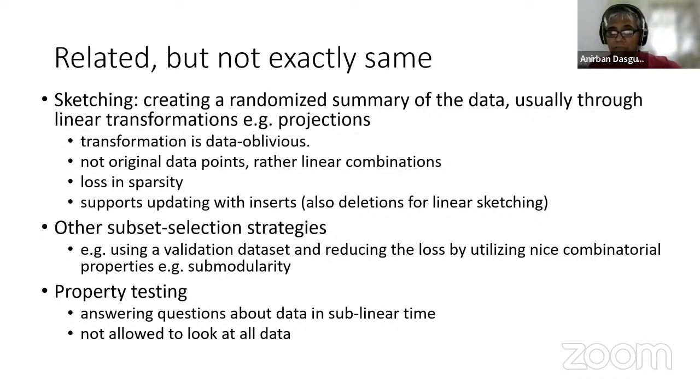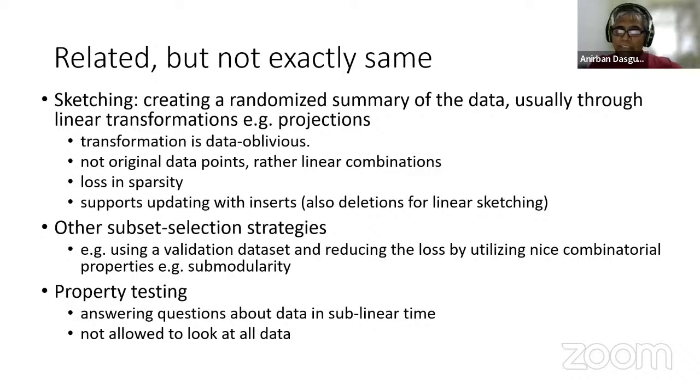We keep linear combinations of the data points. How that matters is that we might lose sparsity. For instance, it's possible that the original data was very sparse, but because we are now taking linear combinations of them, we might not remain sparse anymore. And that might affect my resulting computation, at least the complexity of it. Sketching has a plus point that it supports easy updating. Inserts and deletions are pretty easy to do.